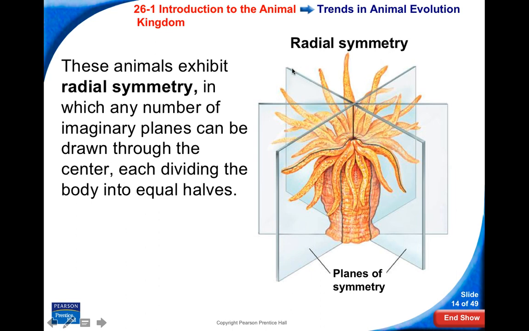Okay, so if I were to cut along this line, these two halves, like this half and this half, are still pretty similar to one another. If I were to cut along this line, still pretty similar. If I were to cut along this line, these two sides would be similar. So very similar to if you were to look at a wheel or a pie or something like that. If you cut it in half, both sides look about the same. And you could do that any number of ways.